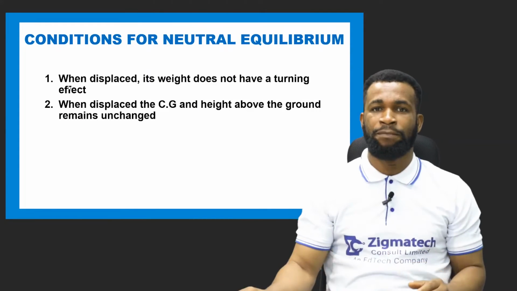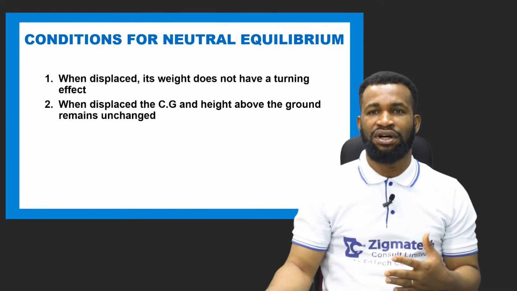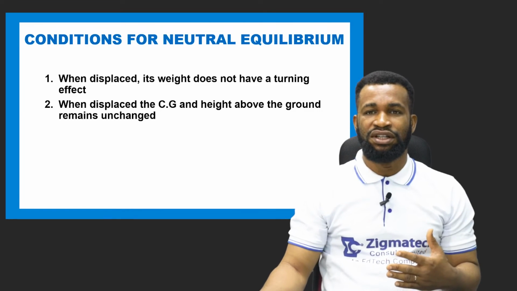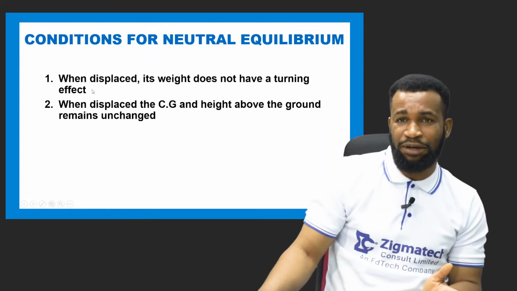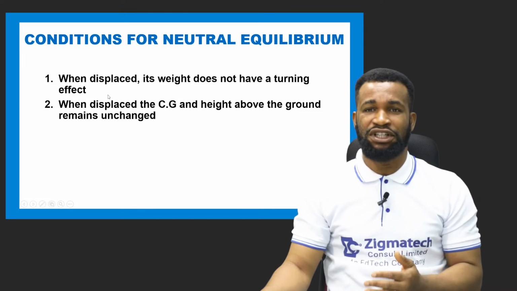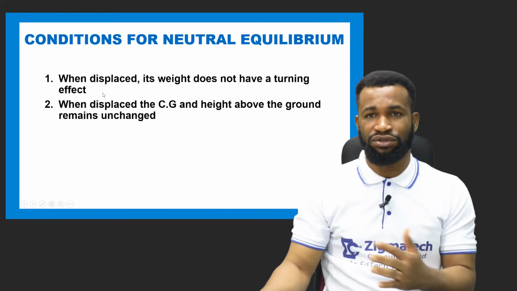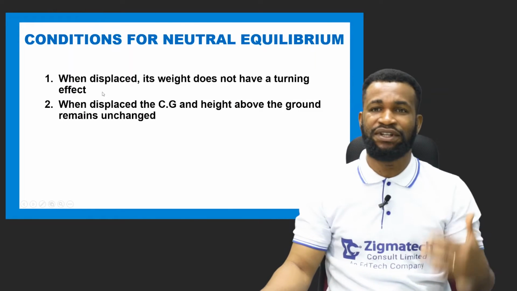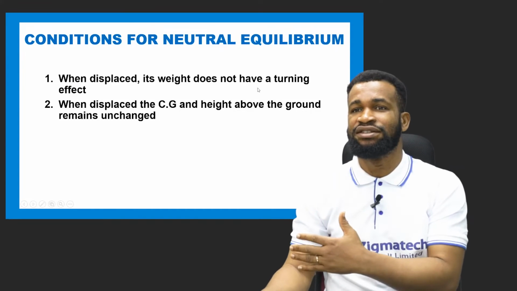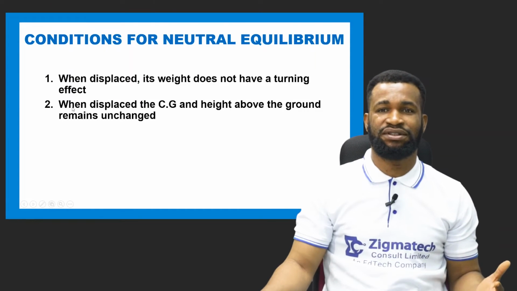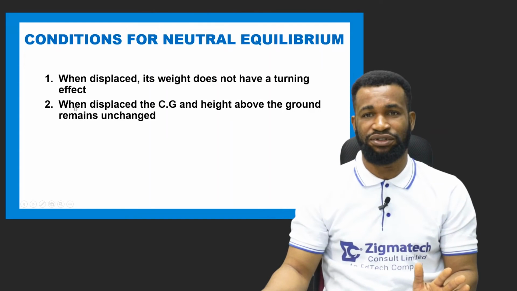Most of the time, the reason why stable and unstable bodies shift in their position is that the moment about each turning point is restored and equal to the other one. That is why we have stable equilibrium. But in this case, when displaced, the weight does not have any turning effect. And that is why the body continues rolling, moving far from its original position.